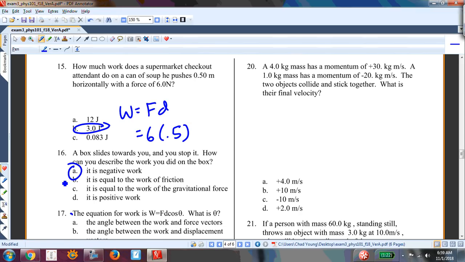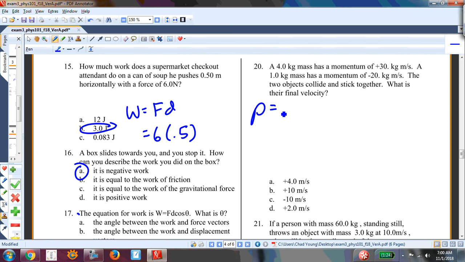Okay, now we're getting into collisions. A 4 kilogram mass has a momentum of 30 kilogram meters per second, and a 1 kilogram mass has a momentum of negative 20. What if the two objects collide and stick together? What is their final velocity? Well, initially, the two objects have a momentum equal to 30 minus 20. So initially, their momentum is 10 kilogram meters per second.